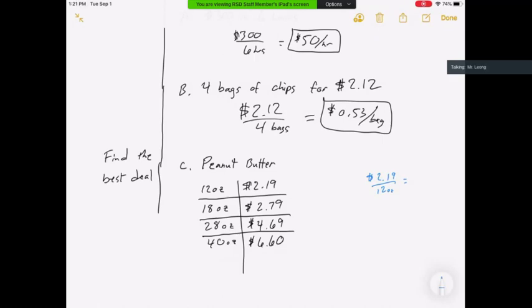All right, so 219 divided by 12, you should have gotten 0.1825. Yes? Okay, do the same thing for the other 3 ounces, and let's see if we can find out the best deal.